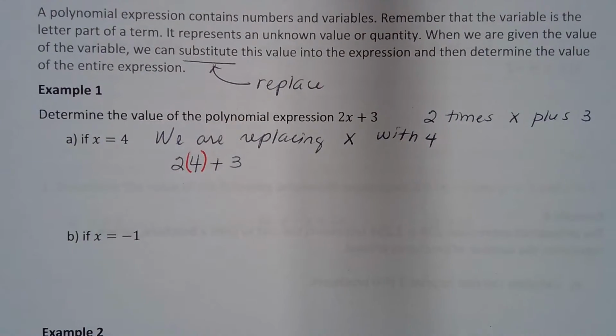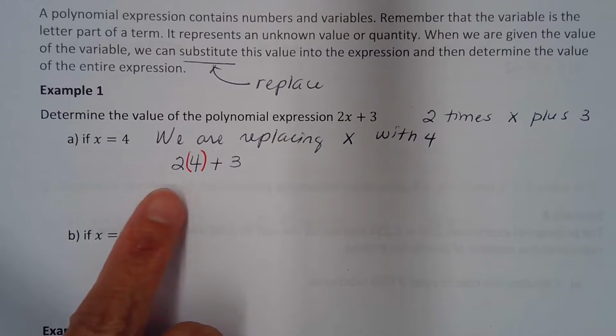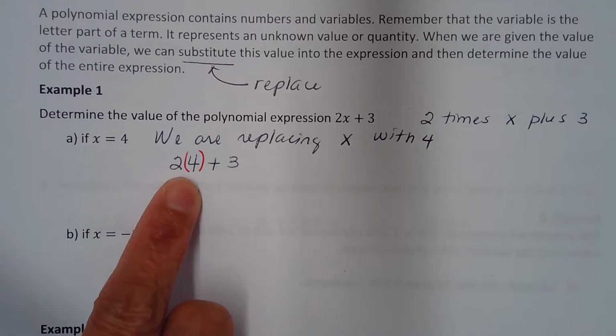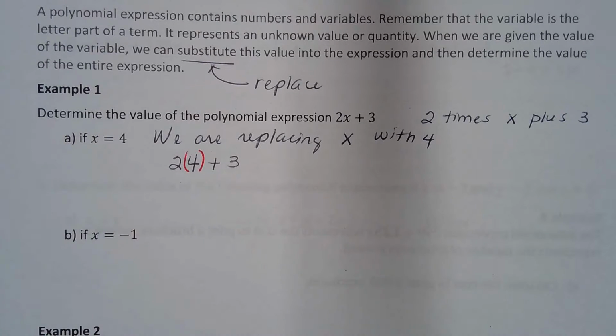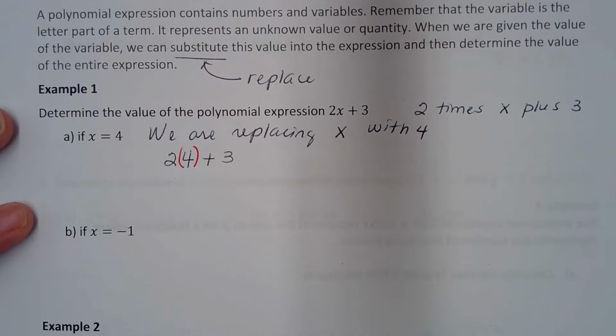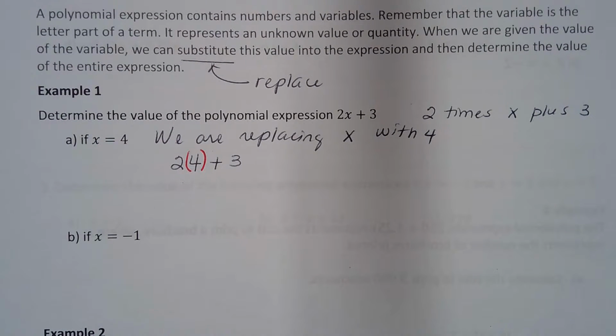Yeah, I'm gonna use brackets here because I wanna make sure I'm not confusing myself with x. Is that the multiplication x or is that the x variable x? Okay? Right? 2 times x, plus 3. So if I replace the x with 4, it's 2 times 4, right? Plus 3, sorry.